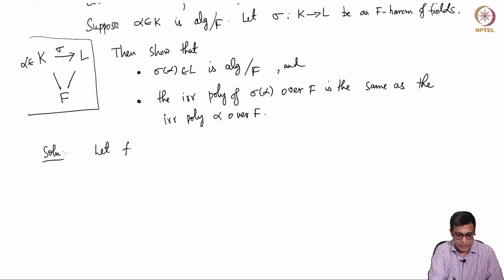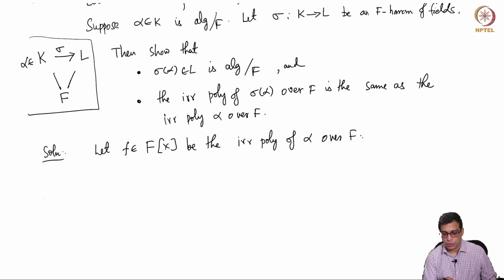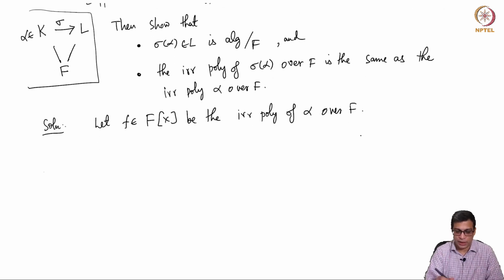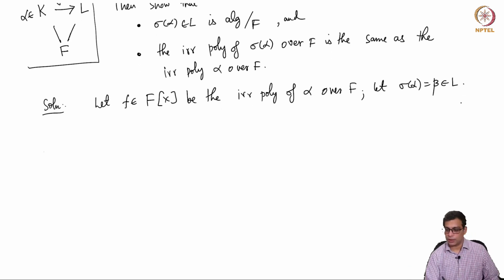So let's say f is the irreducible polynomial of alpha over F. Okay, so this is the situation. So I claim that f of beta is 0, and let sigma of alpha be beta. Okay, so for simplicity I am going to call that beta.